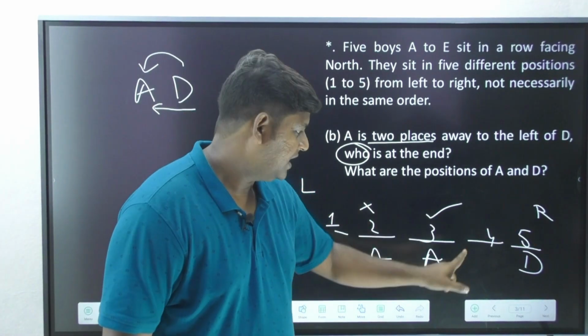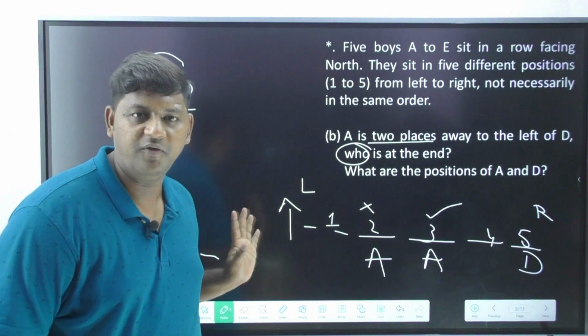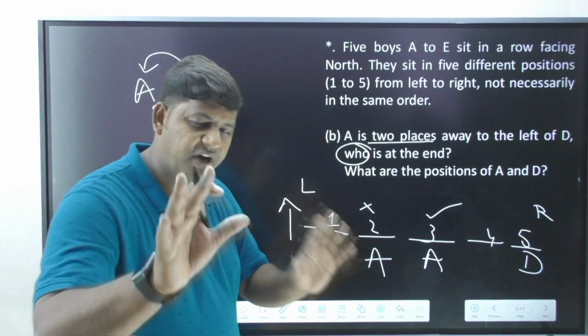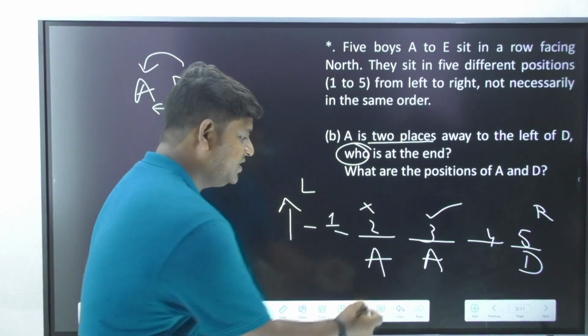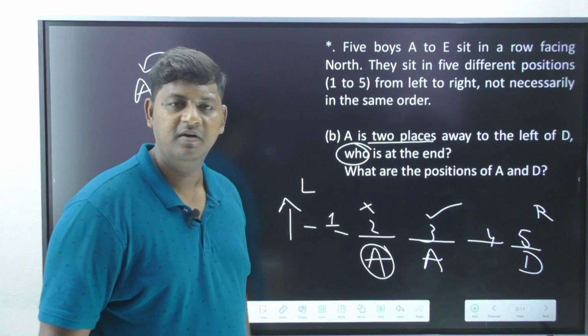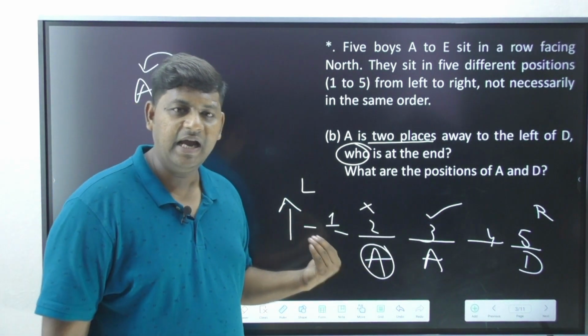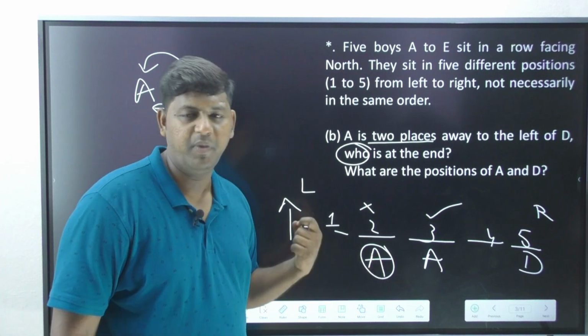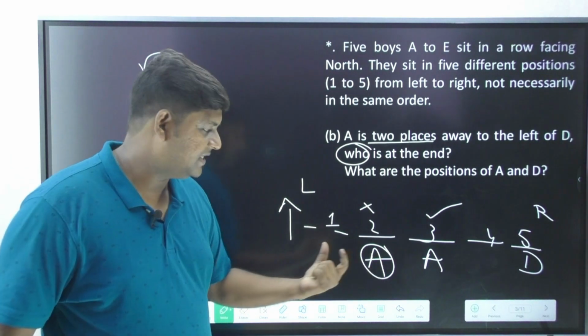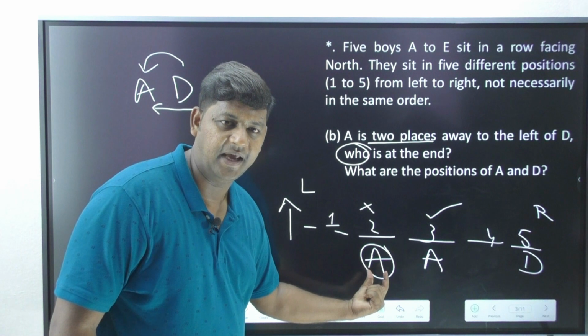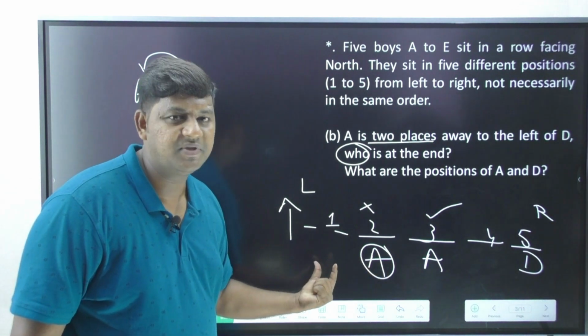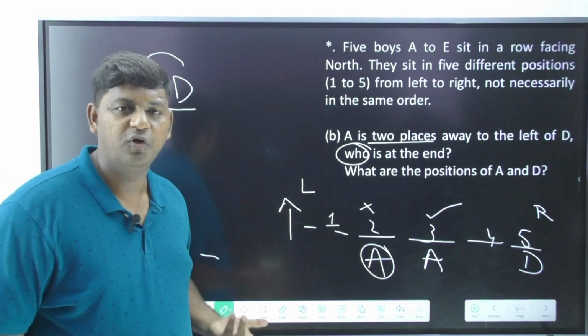After allowing, there are 4 places to the left of D. Correct? Now for an example, this is the second place from the left of D and I will arrange A at position number 2. Now if this becomes the second place, position number 1 becomes the third place. Now tell me where is the fourth place?